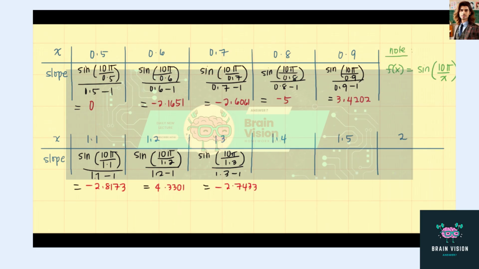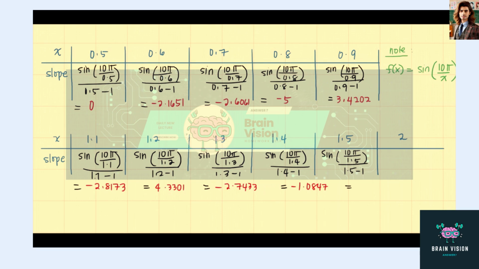And if it's 1.4, we have sine of 10 pi over 1.4 divided by 1.4 minus 1. We have negative 1.0847. And if it's 1.5, we have sine of 10 pi over 1.5 over 1.5 minus 1.